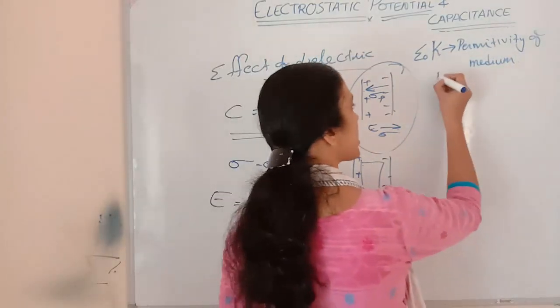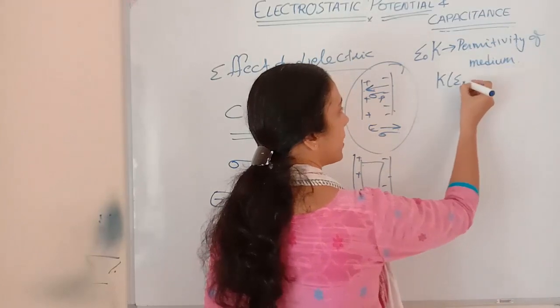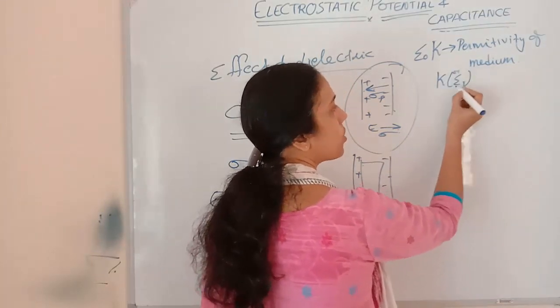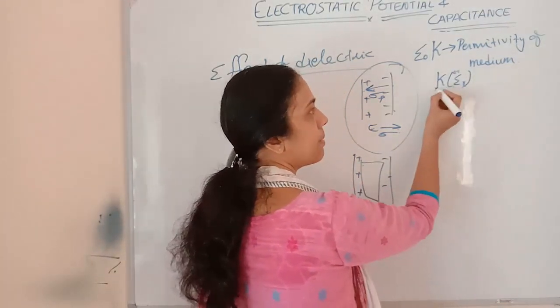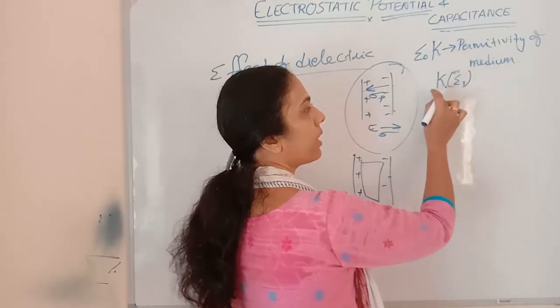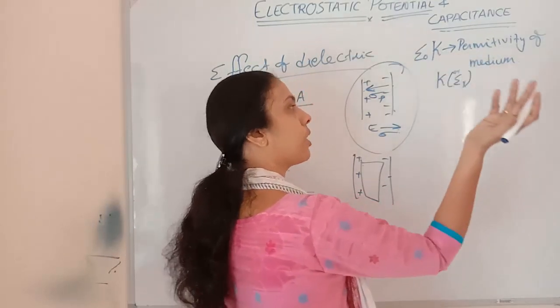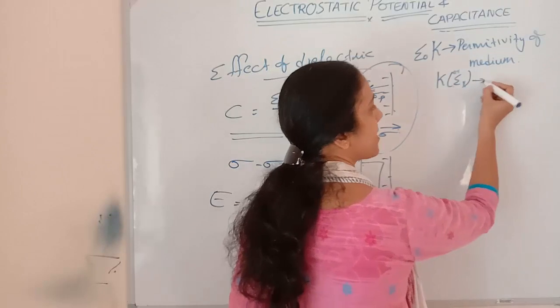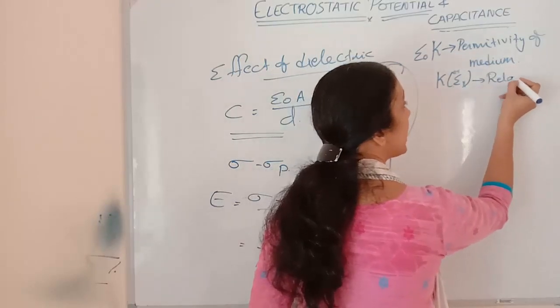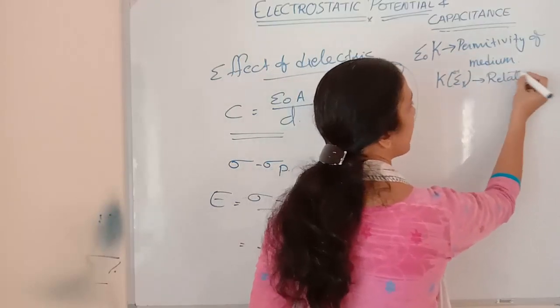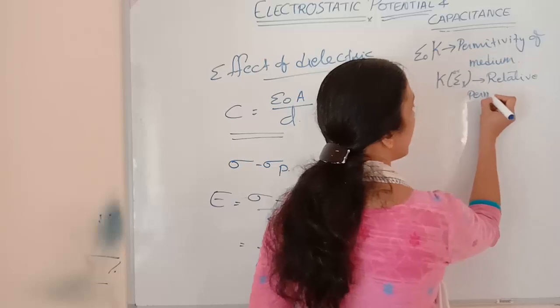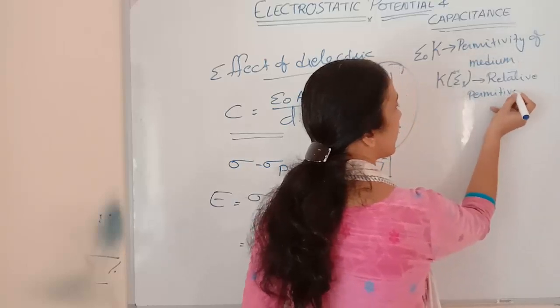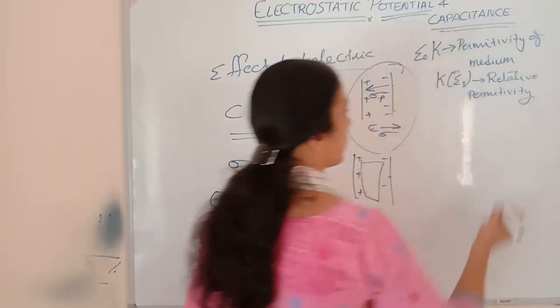In some textbooks, instead of K, it is given as epsilon R also. So in any way you can represent it as epsilon 0 into K or epsilon 0 into epsilon R. This is called the relative permittivity. Okay, this is epsilon R.